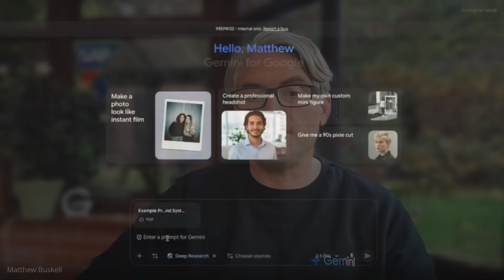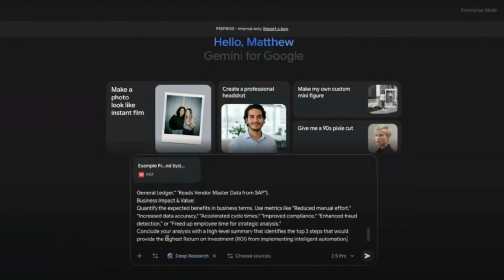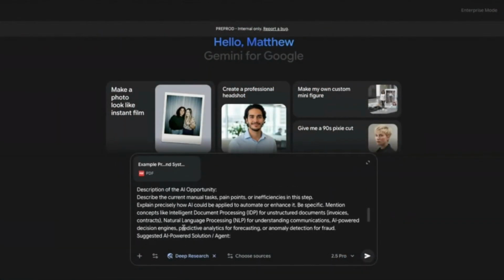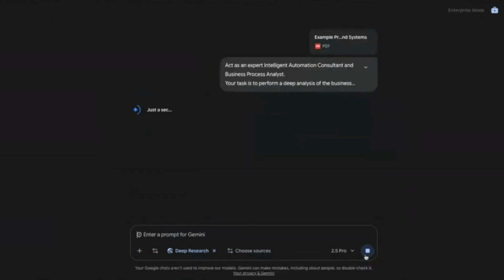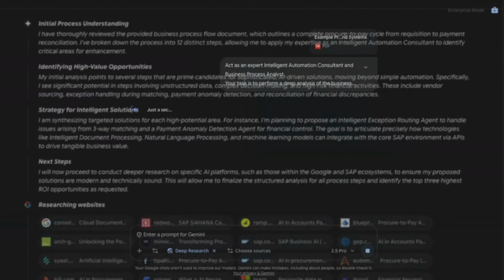The first thing to be aware of is there's no shortage of good ideas. So in this example, I'm taking a PDF of a business process that I have with a clever bit of prompting. I'm getting Gemini to research where I can use AI specific to that particular process.